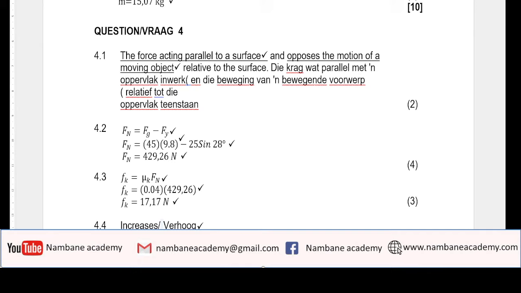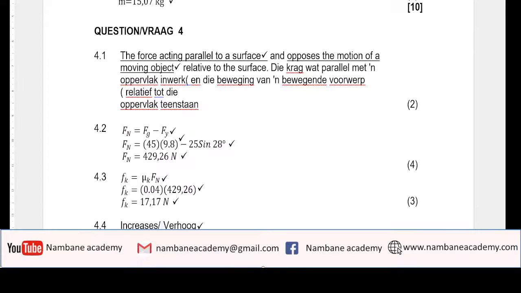Then substitution, 45 times 9.8 minus 25 sine 28, which equals 429.26 Newton. 1 mark for the formula, 2 marks for substitution, the first one for Fg and the other one for Fy, and then the answer with the unit, the 4th mark.